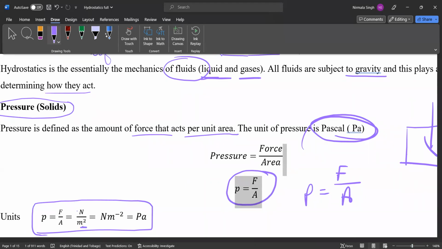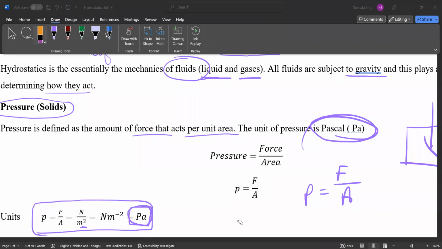So the unit for pressure is newtons per meter squared, or a brand new unit called the Pascal. All right, so if you want, you could go and read up on the guy called Pascal. Pretty awesome scientist, as they all were, because they did multiple fields and multiple endeavors.